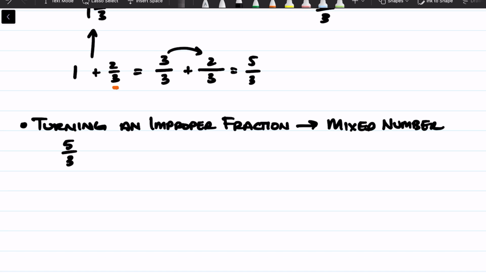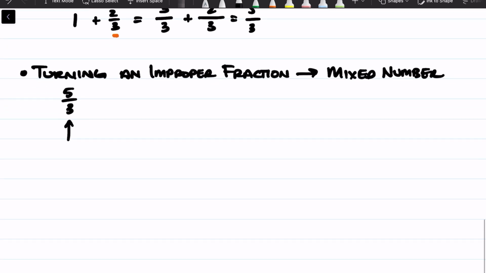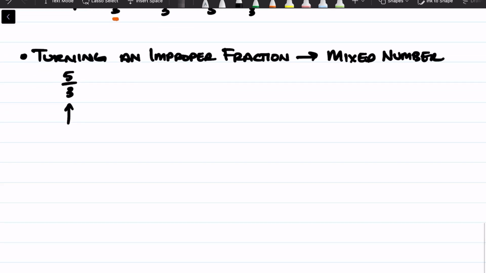Well, the proper way to do it is we can say that this 5 over 3 right here is an addition of two things. So you see that I have 5 tiny parts, right? And every time I get 3 of them, I could combine them into one whole thing.